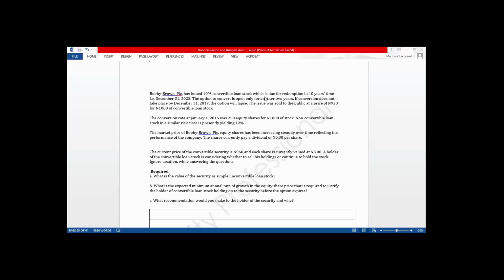Then number two factor to be considered is, who is the issuer? The issuer of the bond. Please remember, a bond may be issued by the government or by a corporate company.